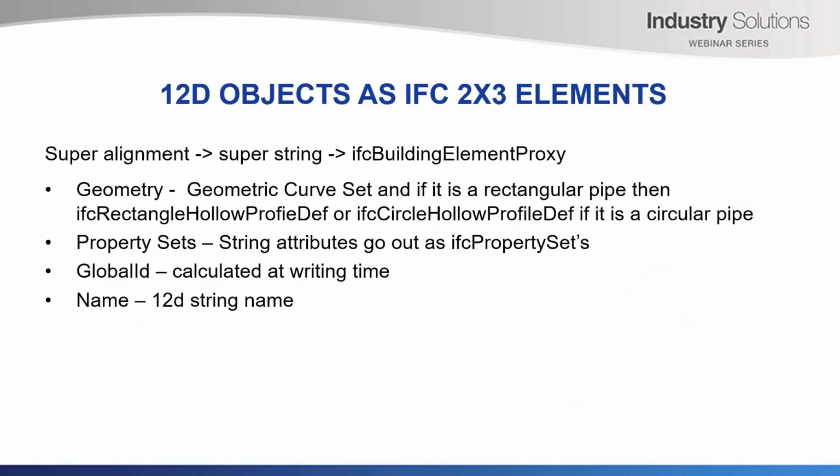The super alignment string attributes, again, we put them out as IFC property sets. The global ID we calculate at writing time, and the super alignment name goes out into the name. So when we write out these things, the string name is always available. And as I said, there is no alignment element in IFC2x.